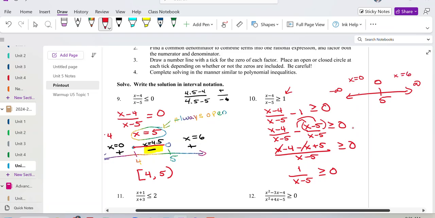When you put 0 in here, you get 1 over negative 5, which is negative. When you put 6 in here, you get 1 over 1, which is positive. And since you're looking for the greater than or equal to, you're looking for the positive, which means it goes that way. So it's going to be from 5 to infinity.